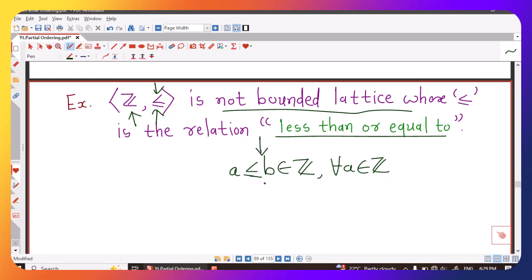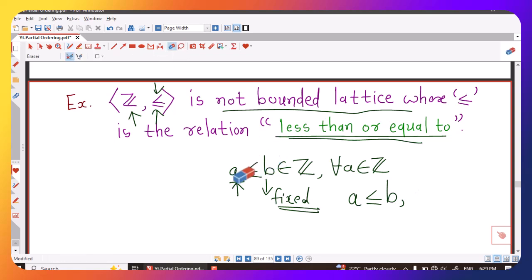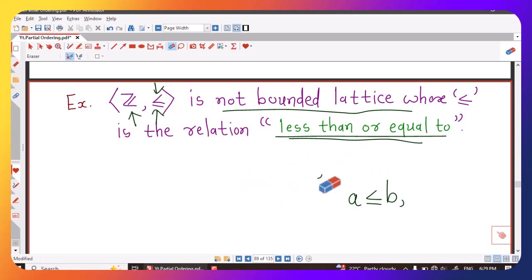We cannot find out any fixed integer such that every integer is related to that fixed integer. Here relation is less than or equal to. That shows that Z has no greatest element and therefore Z is not bounded.